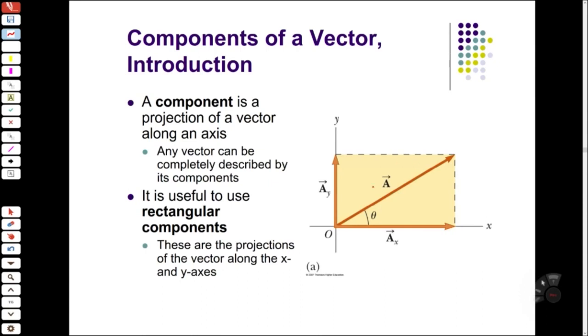So given a vector and a reference coordinate system, you can define the x component and y component of this A. The x component is the projection of this vector A into the x direction, and the y component is the projection of this into the y direction.